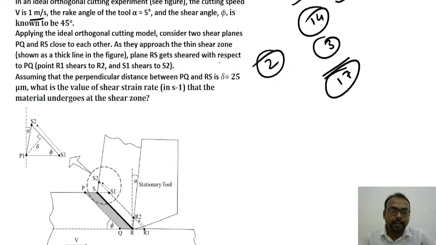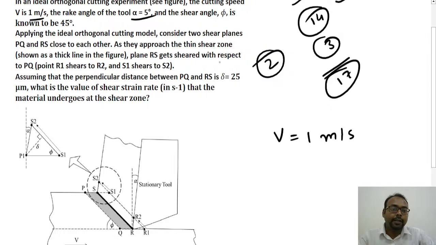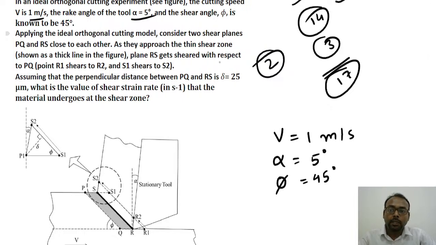The rake angle alpha is given as 5 degrees. Then the shear angle is 45 degrees. Now, applying the ideal orthogonal cutting model, consider two shear planes, PQ and RS.